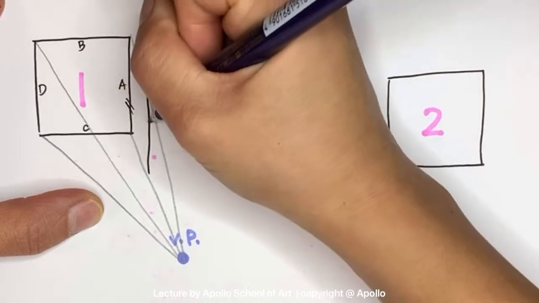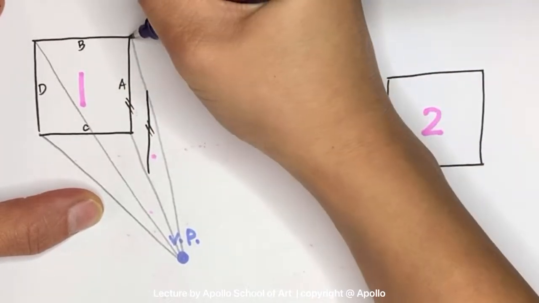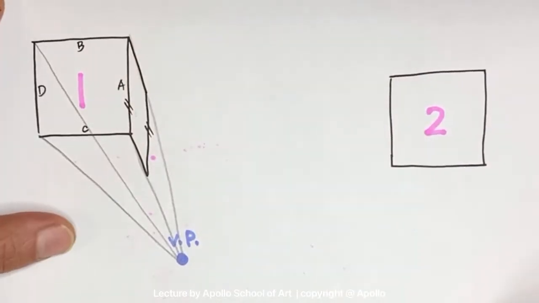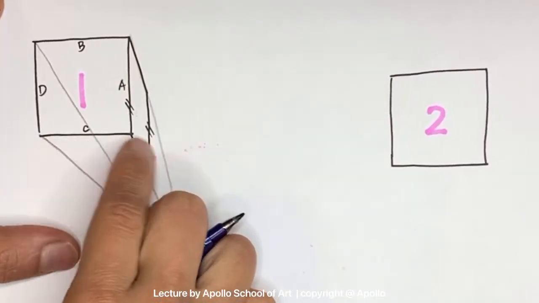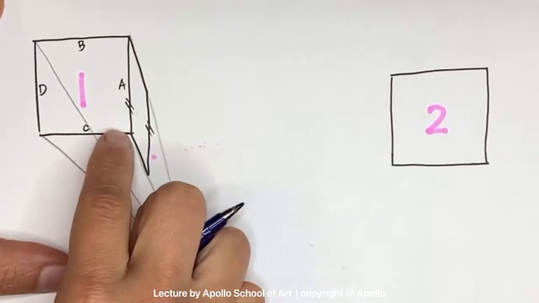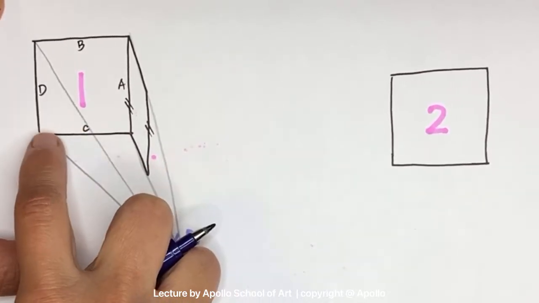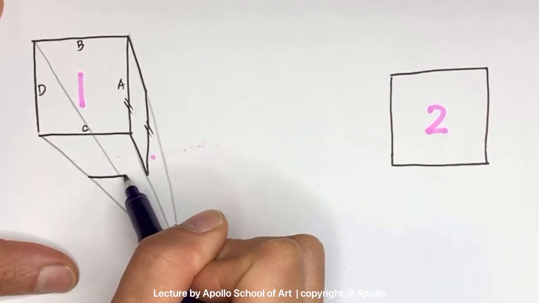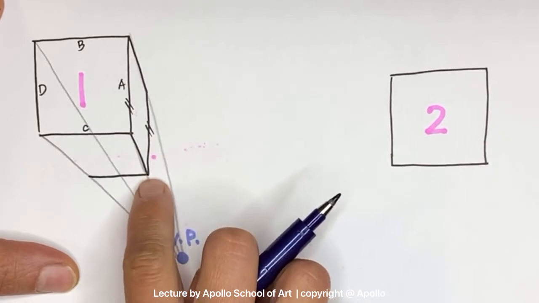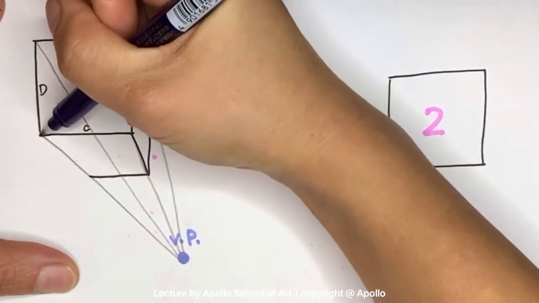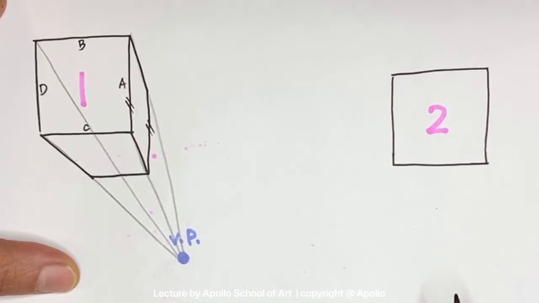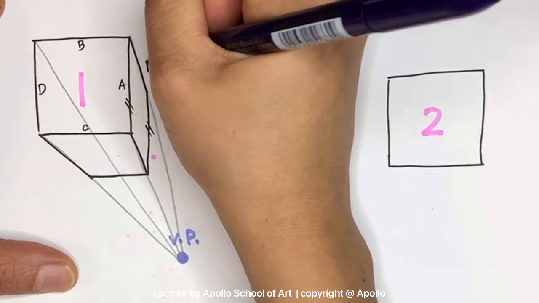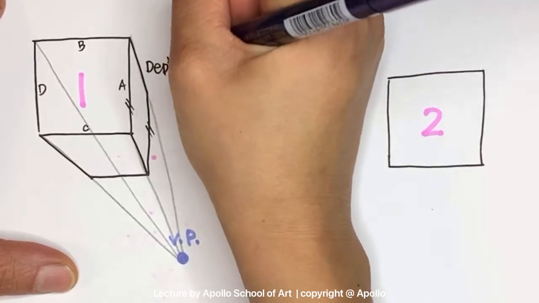Then I connect it. Then I have to find the edge C from here. Same thing, I draw parallel lines here to touch, to join, and I can close it. Now I got my 3D box because I used the vantage point to find the depth and width.